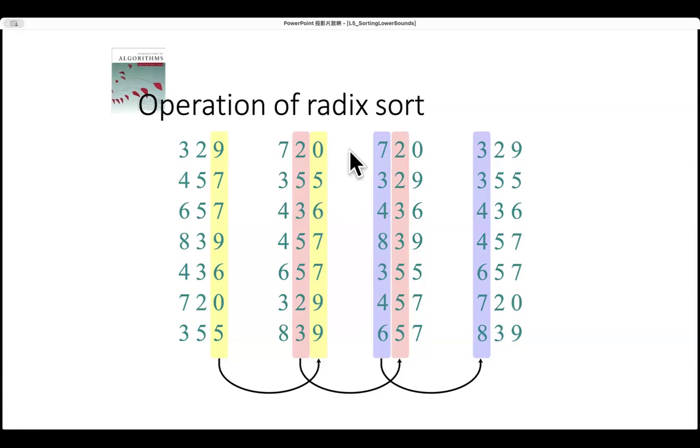Why don't we sort from the other direction? I think it will become clearer when we talk about why radix sort is correct and how we prove its correctness. So anyway, let's continue the discussion of radix sort.